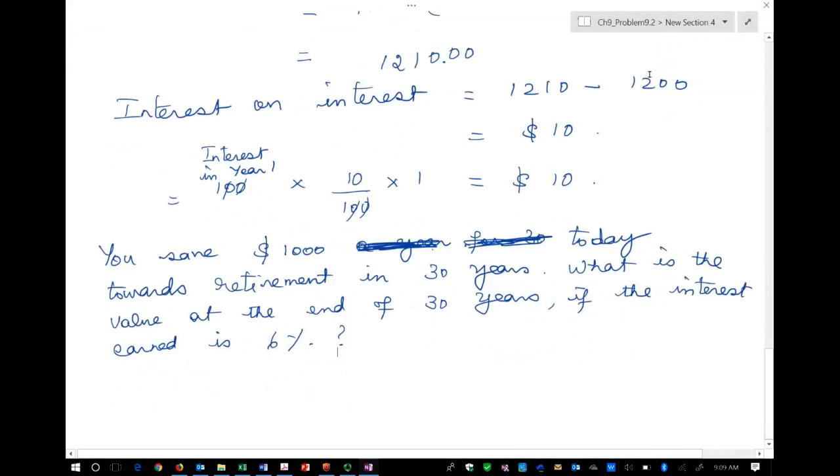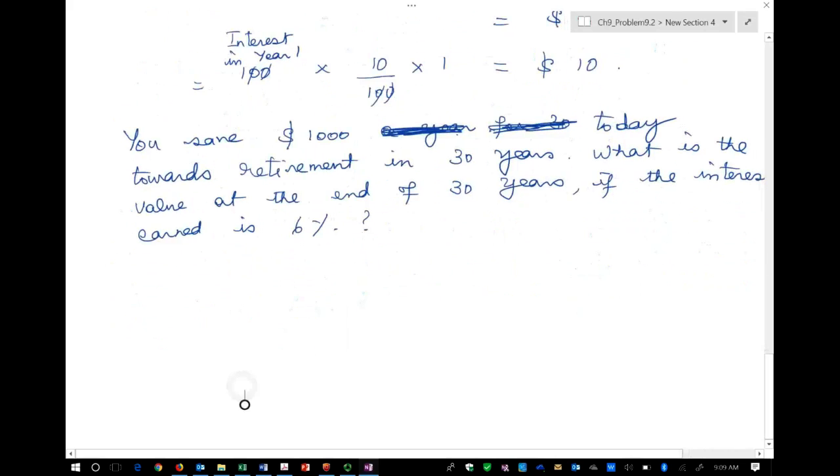Now, the next question is, what is interest on interest?